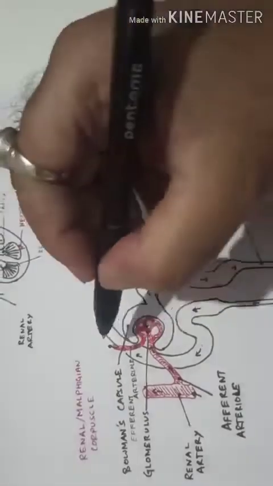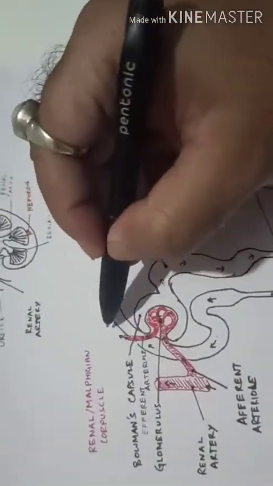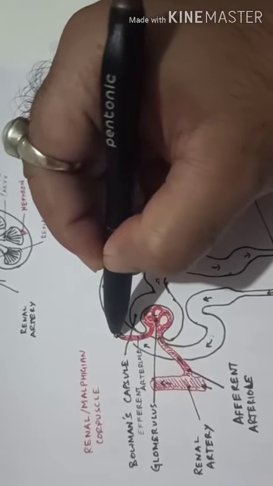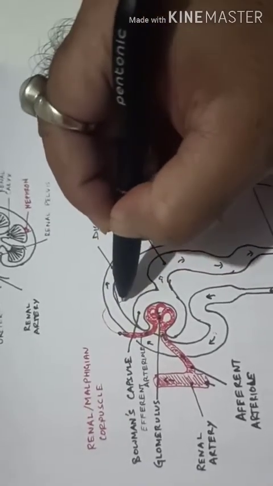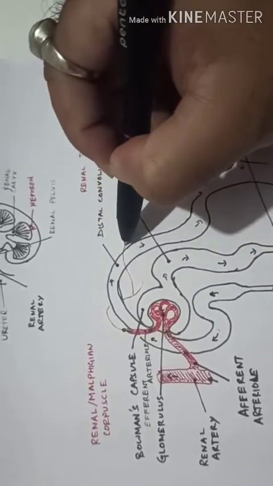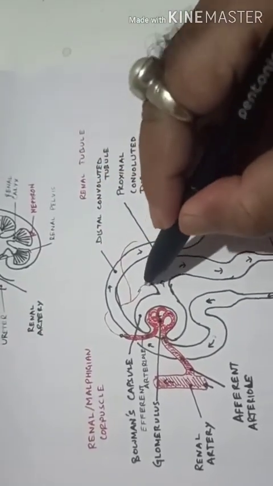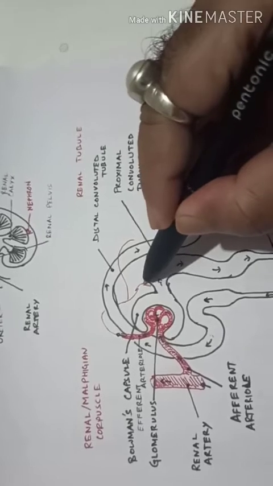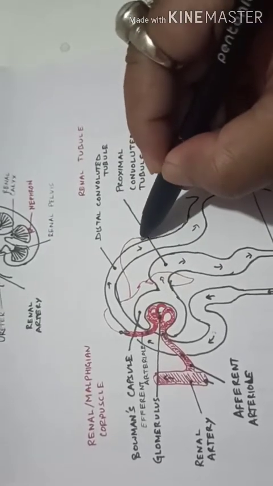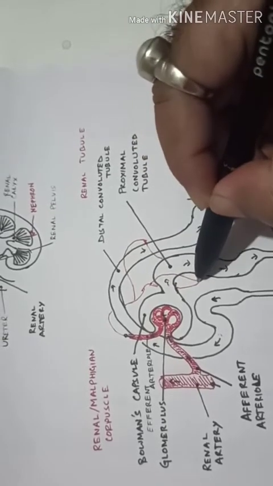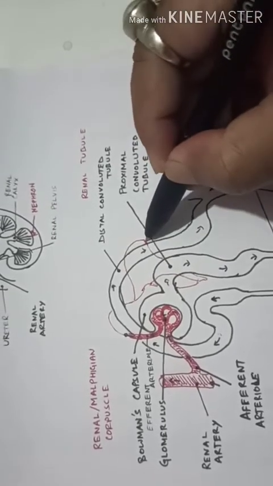Now, as I said, this vessel is coming out, the efferent arteriole, and it will then encircle or cover the entirety of these pipes, all these places. It will move through each and every section, and while covering them, it will come out this way.